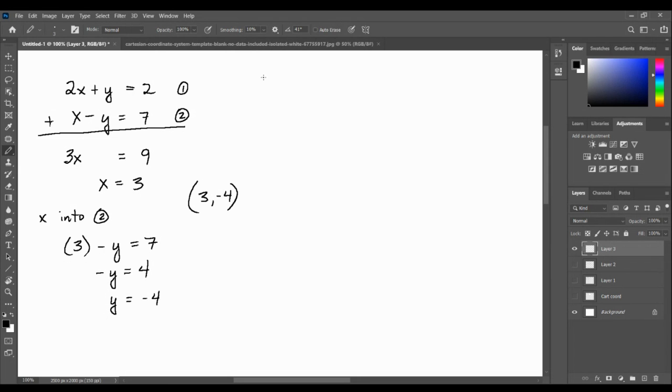Let's solve 2 for x. So I'll add y to both sides. And sub into 1.